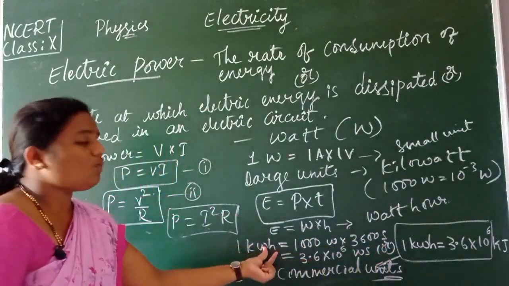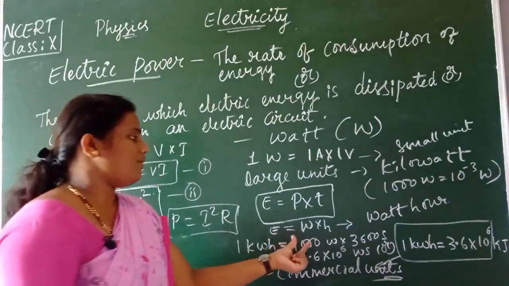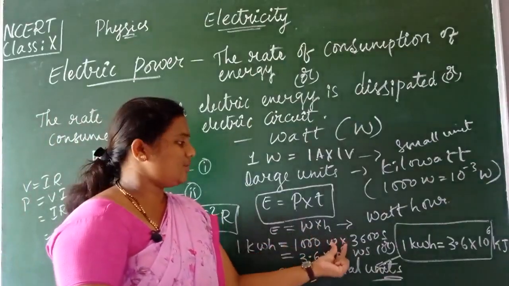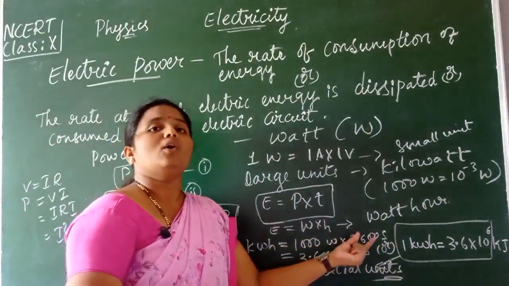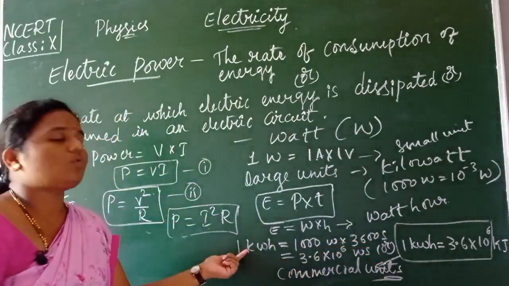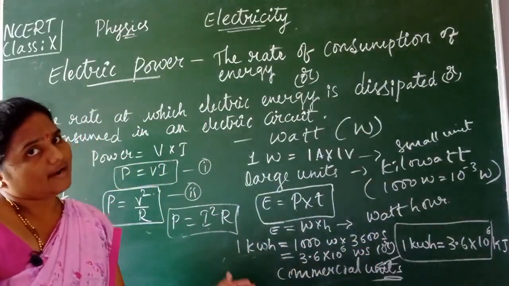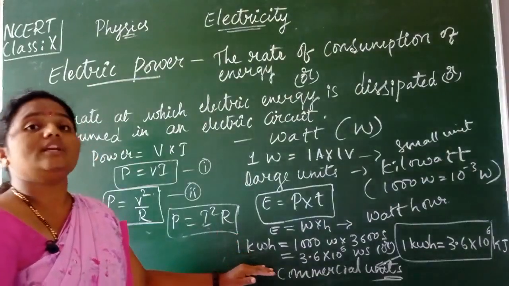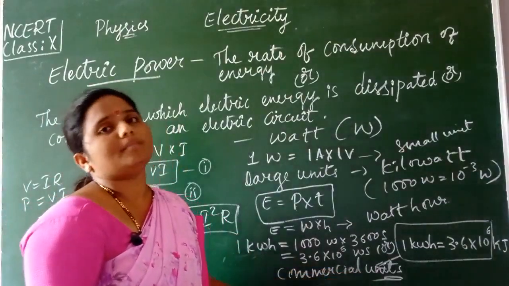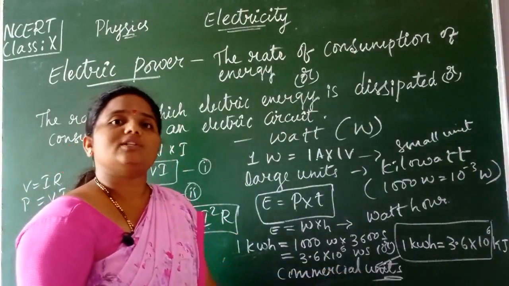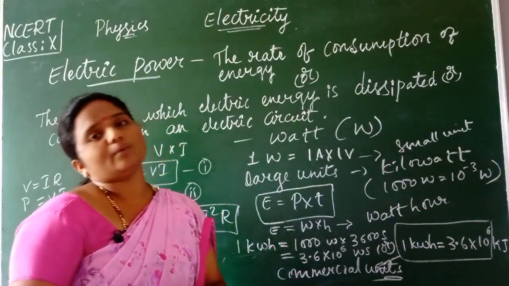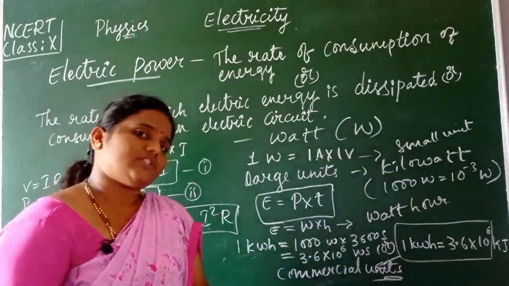Means 1 kilowatt hour is equal to when 1 kilowatt of power is consumed when it is operated for 1 hour, and it is called what? 1 kilowatt hour, and generally this kilowatt hour is nothing but a commercial unit, which is equal to 3.6 into 10 to the power of 6 kilojoules, children.